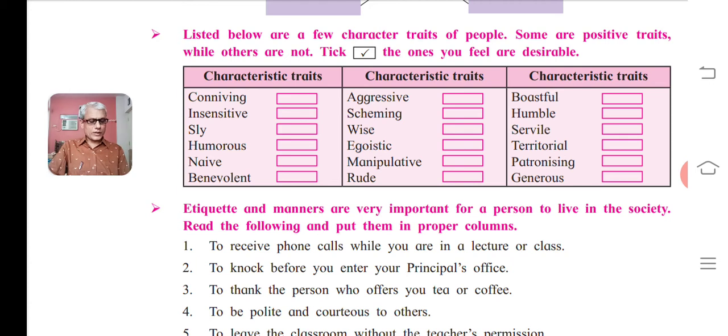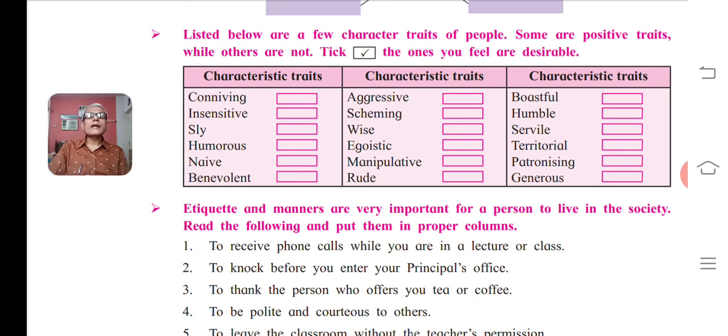In the second column, tick the box of wise. And in the third column, tick the box of the word humble, as well as the box of the word generous.